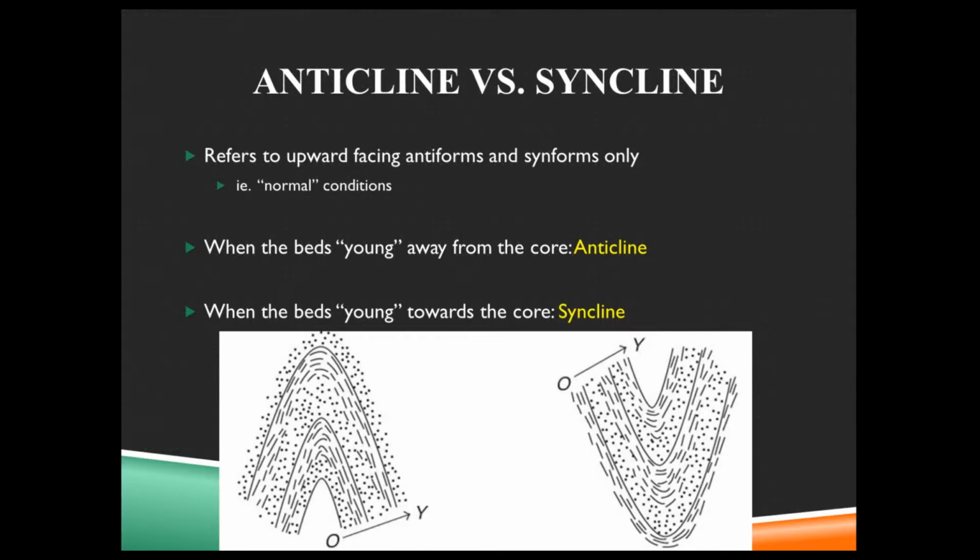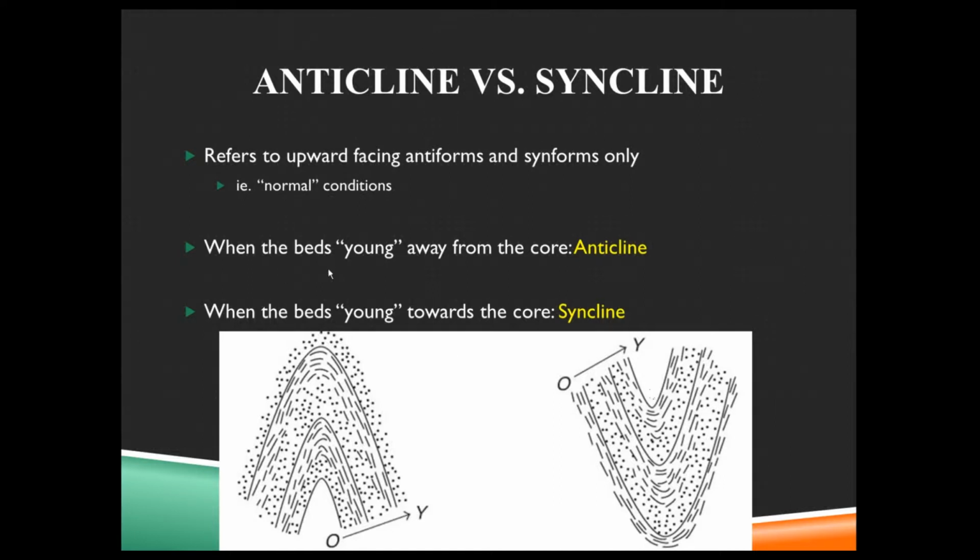You notice in this antiform, it is an anticline because the youngest rock is on top and away from the center. A syncline is a synform because it's hinged downward, but specifically a synform where the youngest material is on top and towards the center, towards the core.